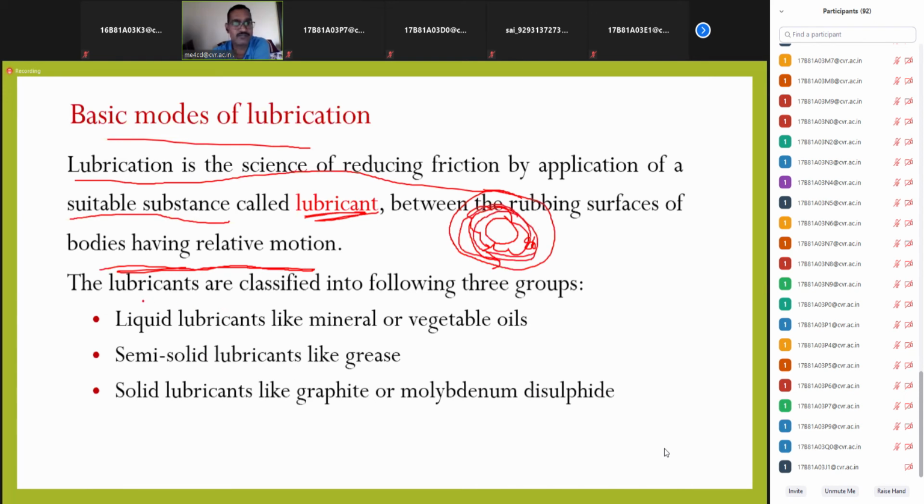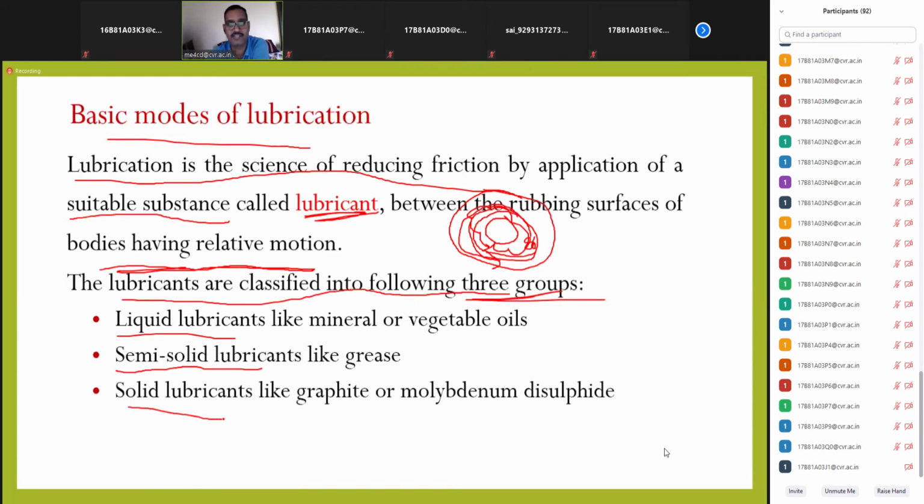And we have some classifications of the lubricants based on the type of material or type of the fluid or solid, right? Generally we have three groups. The first one is liquid lubricant oil, the second one is semi-solid, the third one is solid.